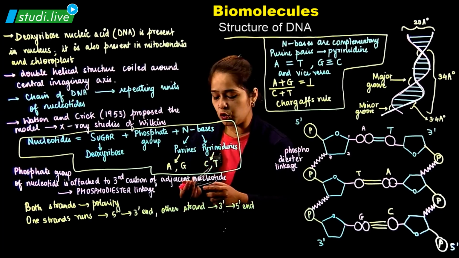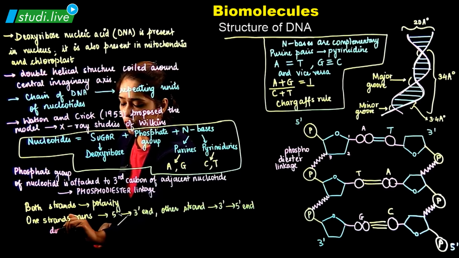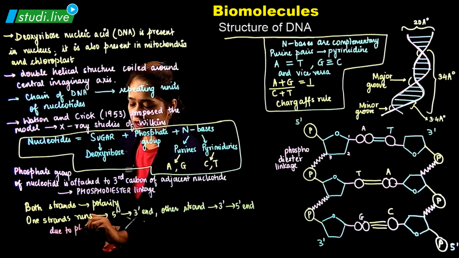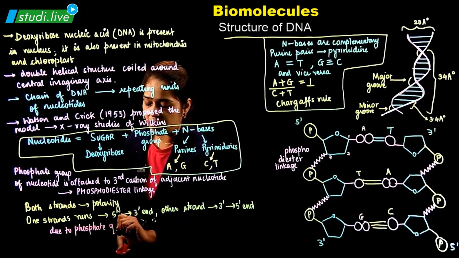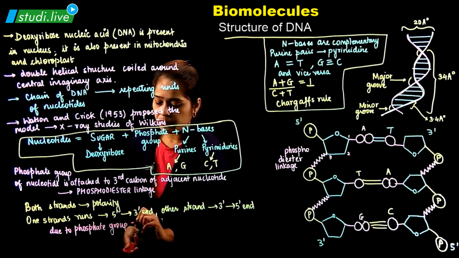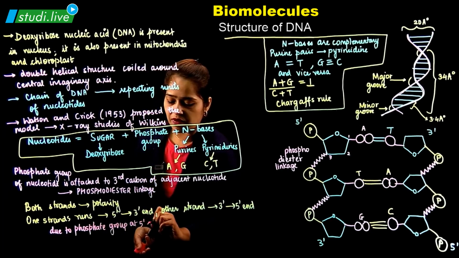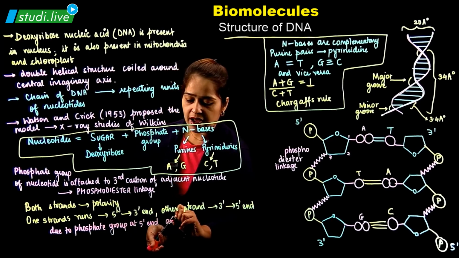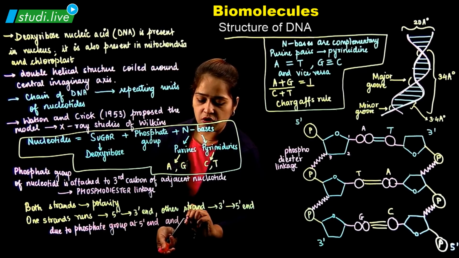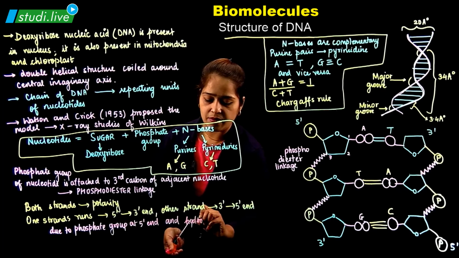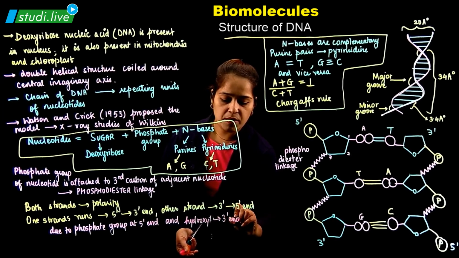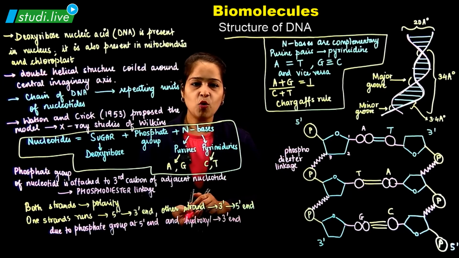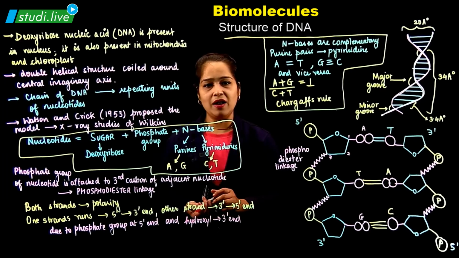This is due to the phosphate group at the 5' end and the free hydroxyl group at the 3' end. So because of this we can say both these strands are anti-parallel.